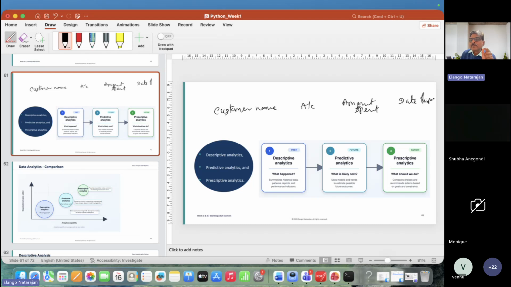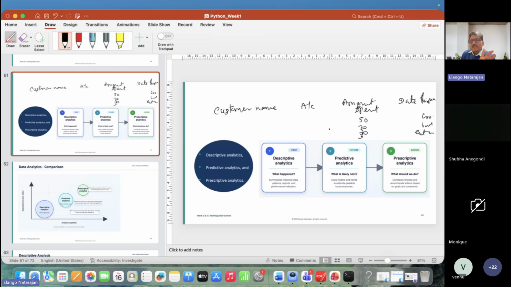Just for easy understanding, I'm writing this example. So he spent $50 for grocery, $20 for books, $30 for maybe entertainment, like this. So I have different data here, the purpose as categorical data, and the numerical data corresponding to it. And other things are also there: customer name, account number, and the date.